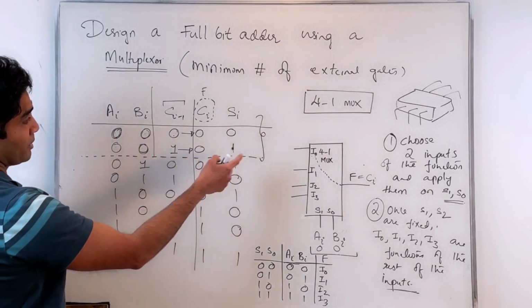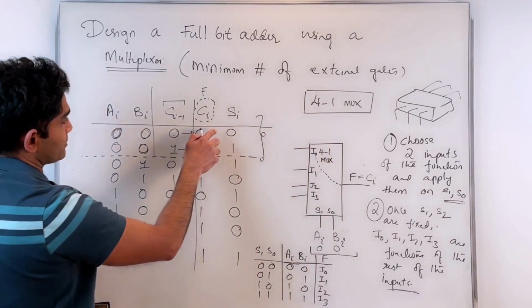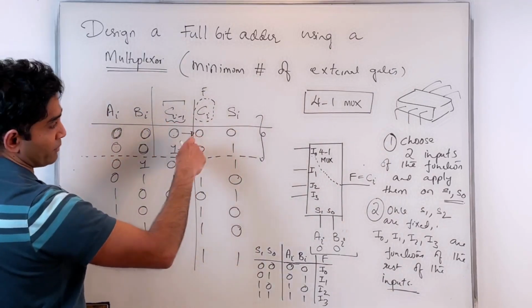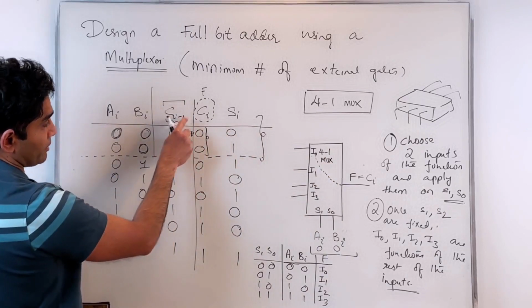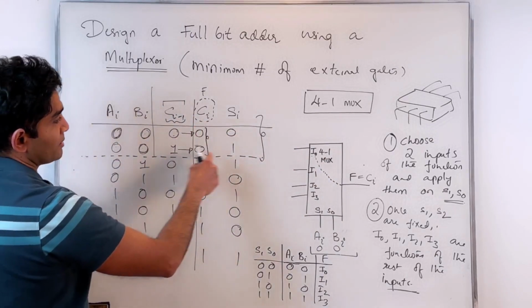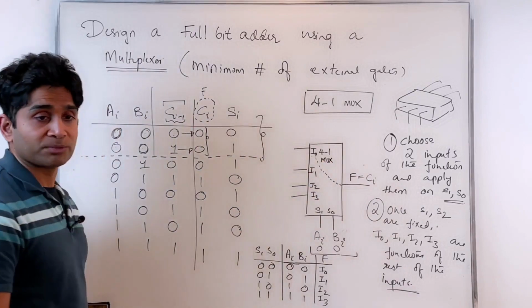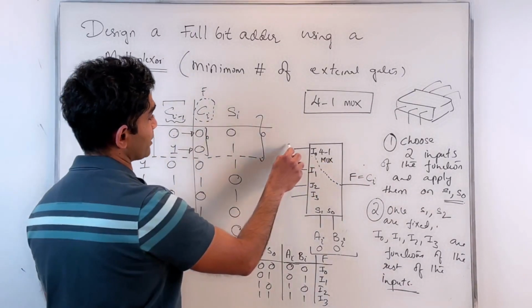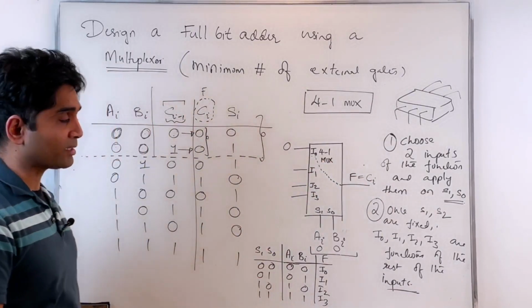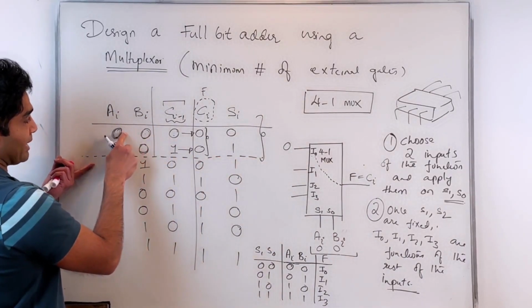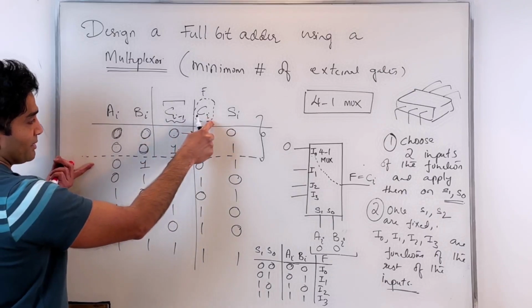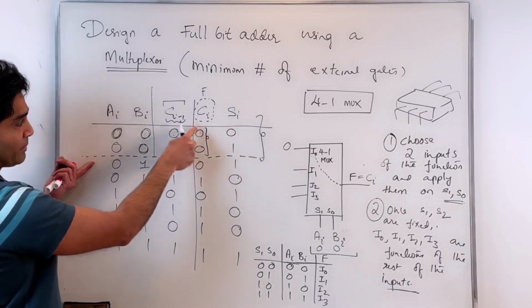Independent of Ci minus 1, whatever you apply here, whatever is the value of Ci minus 1, the function should be 0. In other words, I should apply a 0 here so that this condition is satisfied. When Ai and Bi are zeros, Ci is 0. It doesn't depend on Ci minus 1.